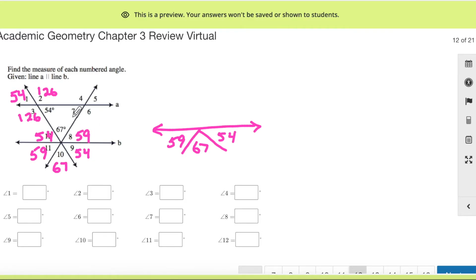And angle 7 and angle 8 are alternate interior, so that's 59. And angle 5 is vertical, 59. And these are linear pairs, so this makes this 121 and 121. All right, if you have to take a look at that again, just rewind and take another look.